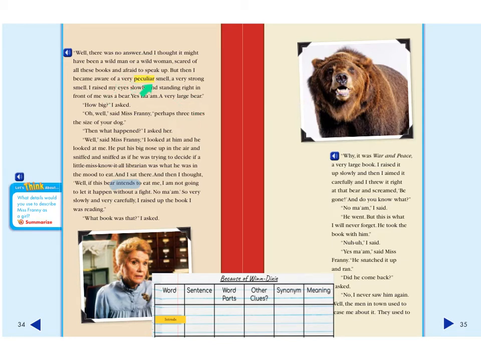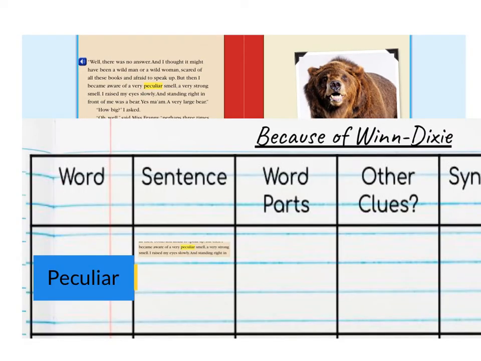Oh, I'm noticing the word peculiar. And as I'm thinking of this word, I think you can help me determine the meaning of this word using context clues. As I think about this word peculiar, I first must go back to the text. So I've written the sentence from where I found it: became aware of a very peculiar smell, a very strong smell.